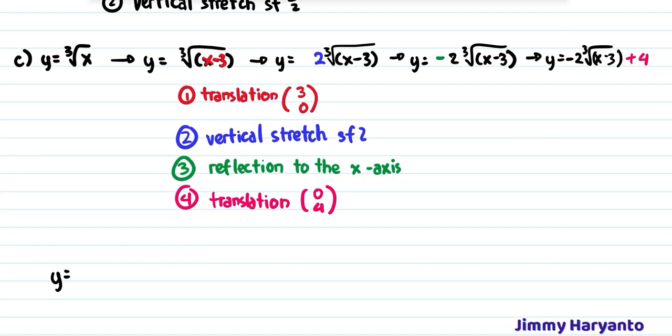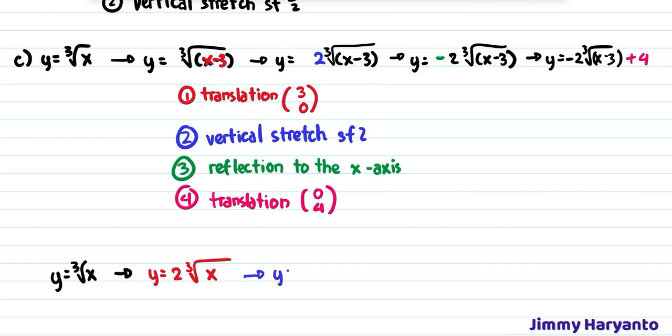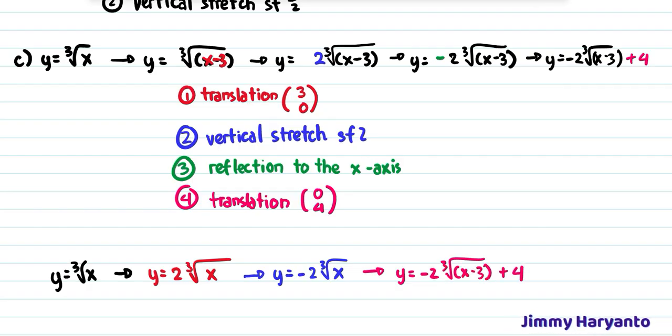So we have y equals cube root of x. I do this one first, right? But you can do the 2 first, like this. So y equals 2 cube root of x. This one first. And then next is y equals -2 cube root of x. And then at the fourth step, you will do it all together for the translation. You do this x minus 3 and do plus 4 altogether.